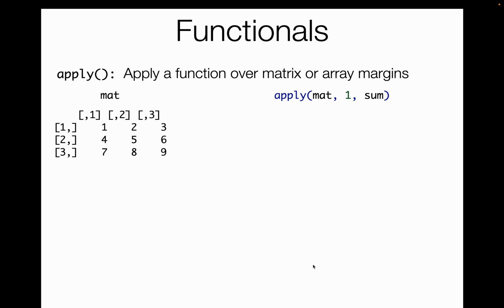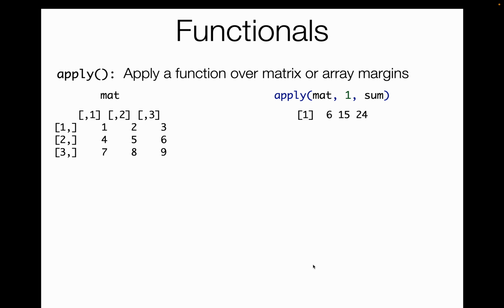The second argument is the margin of the array: 1 is row, 2 is column, and then you have combinations of them that get kind of confusing, so we won't go too far into that. The third argument is the function that you want to apply to the row or the column or both.